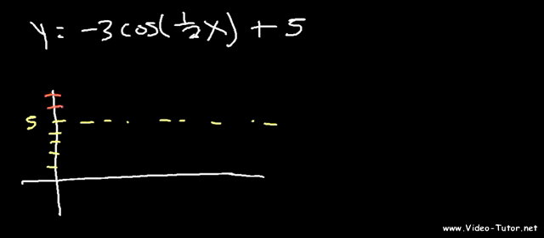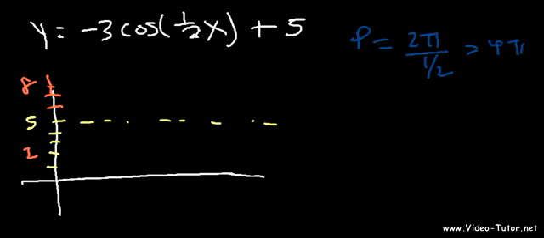Let's go up 3 to 8 and down 3 to 2. Let's calculate the period. It's 2 pi over b, or 2 pi divided by half, so it's 4 pi. So let's say 4 pi is over here. Half of that is 2 pi, half of that is 1 pi. Times that by 3, you get 3 pi. So those are the 4 important points that we need.